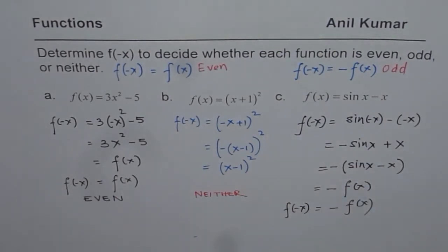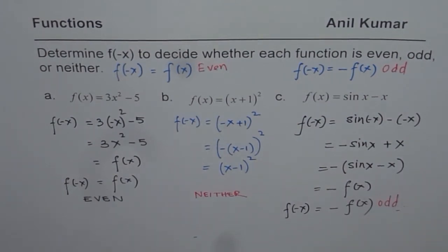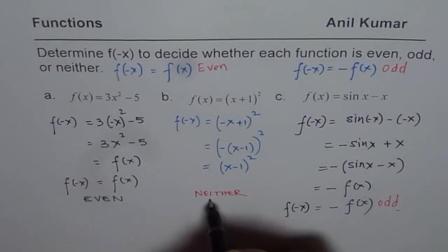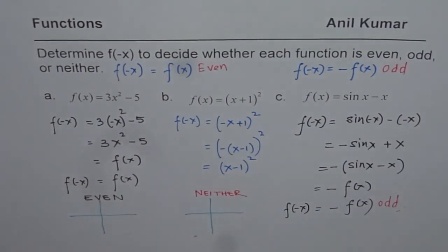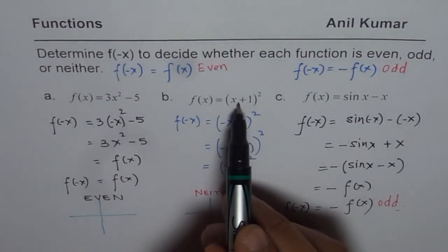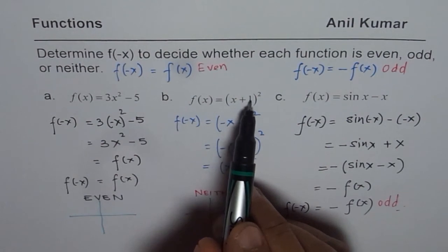So that is how algebraically we can figure out whether a function is even or odd. Now for these two examples, I'll sketch them, and from a sketch you can find the type of symmetry. That gives you an idea whether the function is even or odd or neither, right? X plus 1 whole square means the x squared graph has been moved 1 unit left.